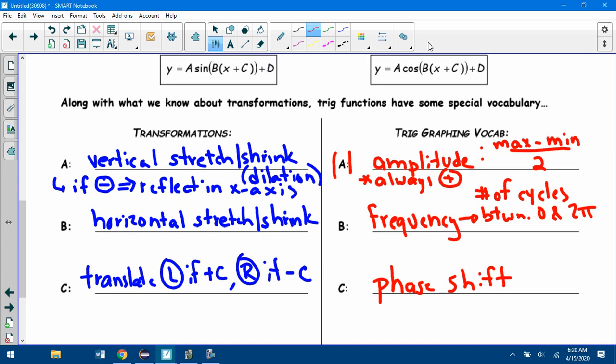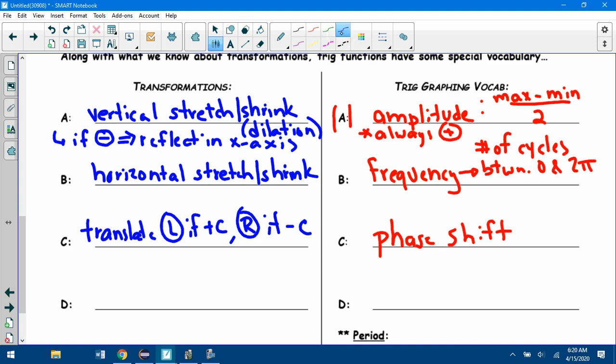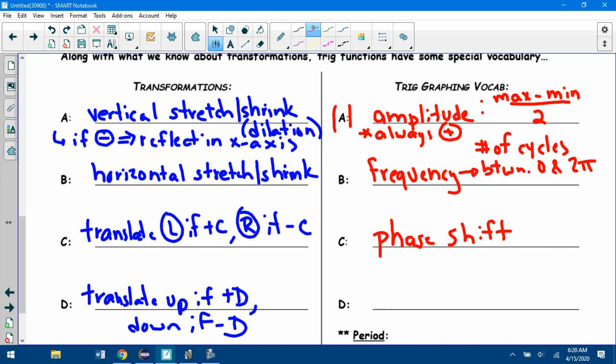And finally, what's that D do on the end? It's going to translate it up and down. And that one's more normal. It translates it up if plus D, down if minus D. In trig, instead of translating up and down, we call that the midline. And the midline is y equals whatever that D value is.